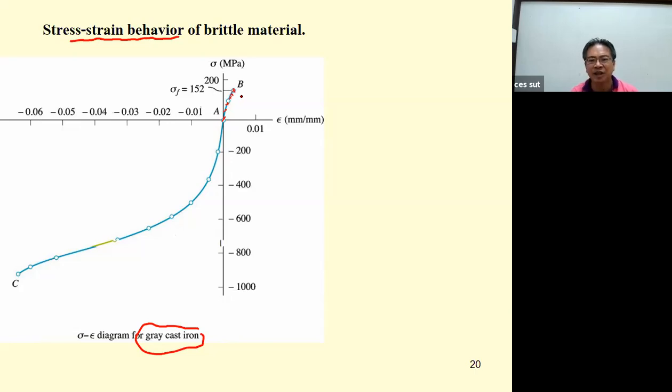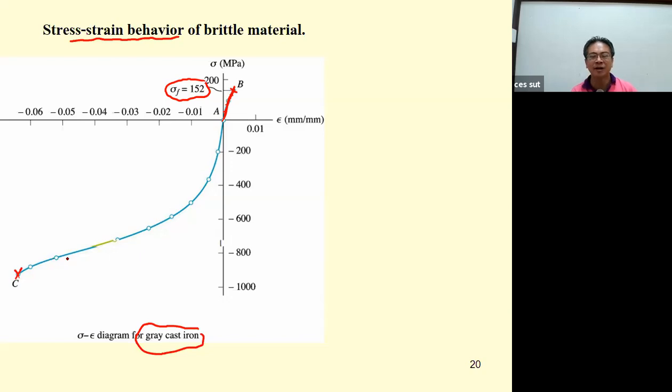When it is in tension, the micro cracks open and the structure can fail abruptly, immediately, or in a brittle manner. Okay, and the strength under tension of the cast iron is very low compared to the strength of the cast iron under compression.